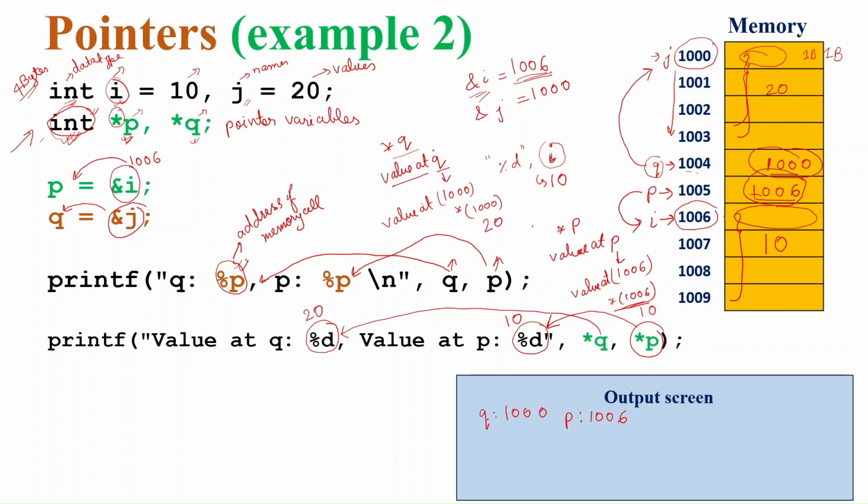Alright, this one. So what is going to be printed on the screen? Value at Q is 20, comma, value at P is 10. This is going to be printed on the screen.